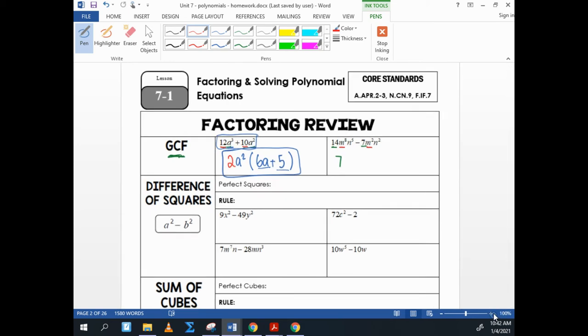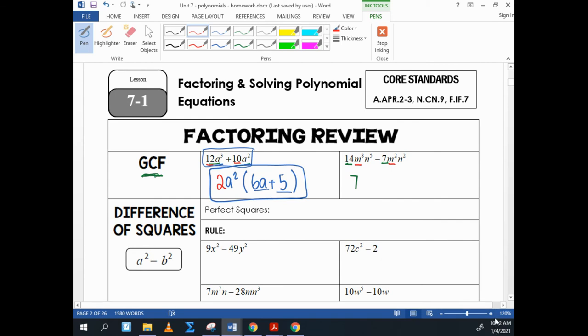I should maybe make this a little bit bigger so we can all see this here. Okay, so m to the 8th and m to the 2nd. So I take out the smallest numbers. I can only take out 2 because I can't take any more than 2 out of this one right there. And then we can look at our letters n right here. There's 5 and 2. So again, you take out the smallest one. You can take out an n squared.